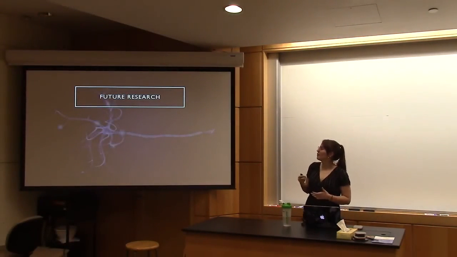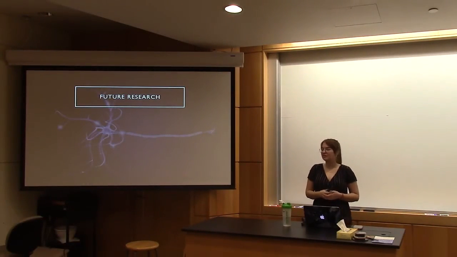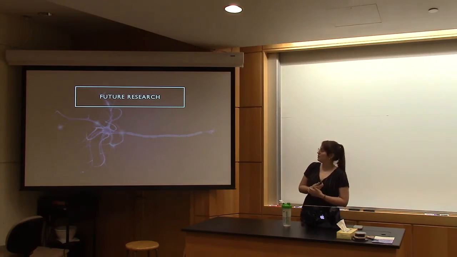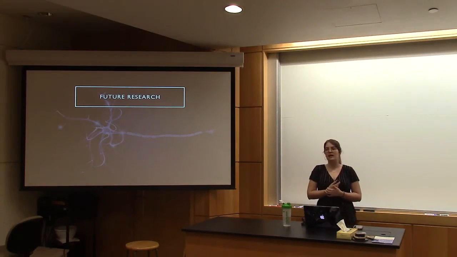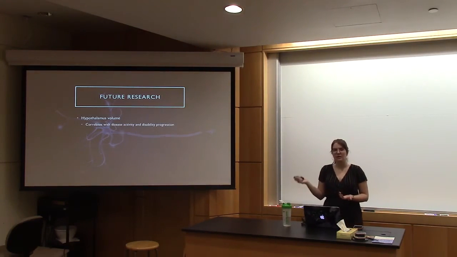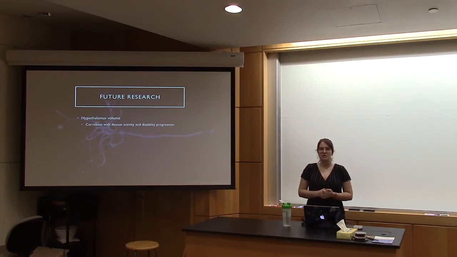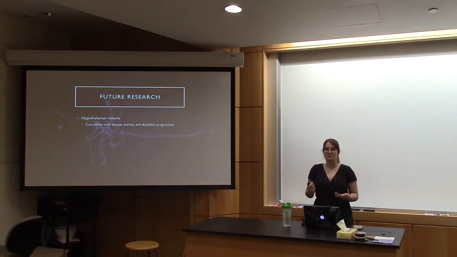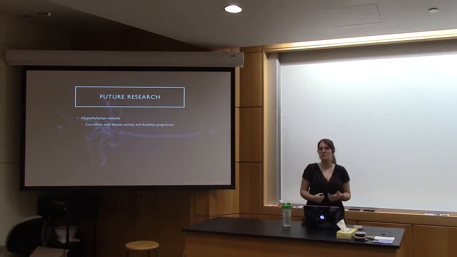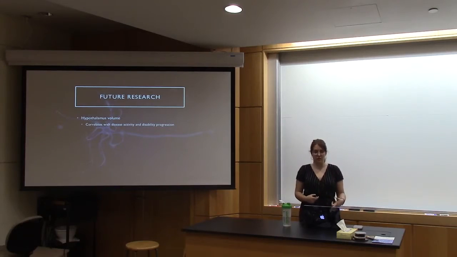So what is important for the future research of multiple sclerosis and MRI in general? I attended a conference where everyone asked me questions about the hypothalamus volume, because this is the newest trend in the multiple sclerosis society. It correlates with disease activity and disability progression as well as central brain atrophy.